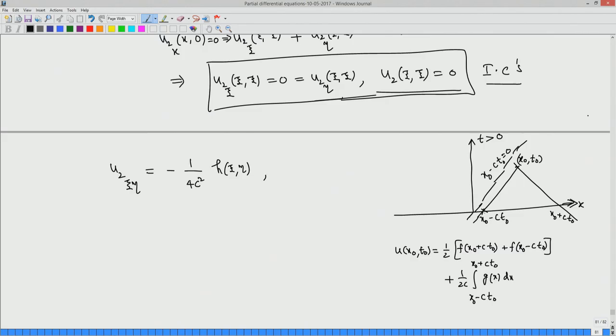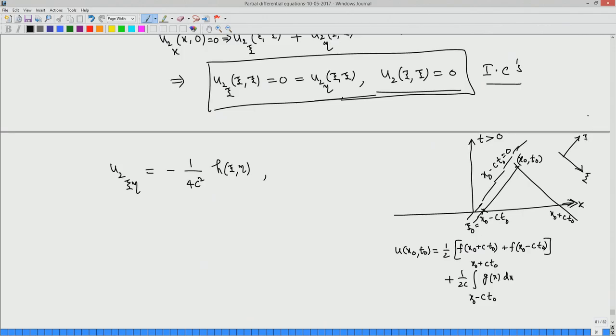So if you fix ξ equal to constant, ξ equal to ξ naught, this is the line ξ equal to constant in the ξ, η plane.